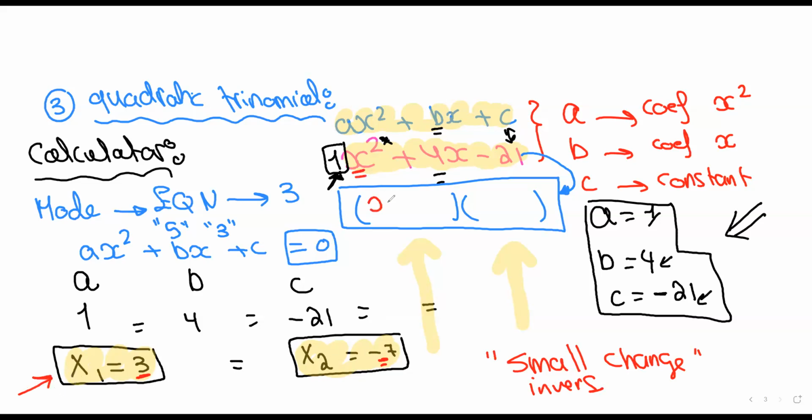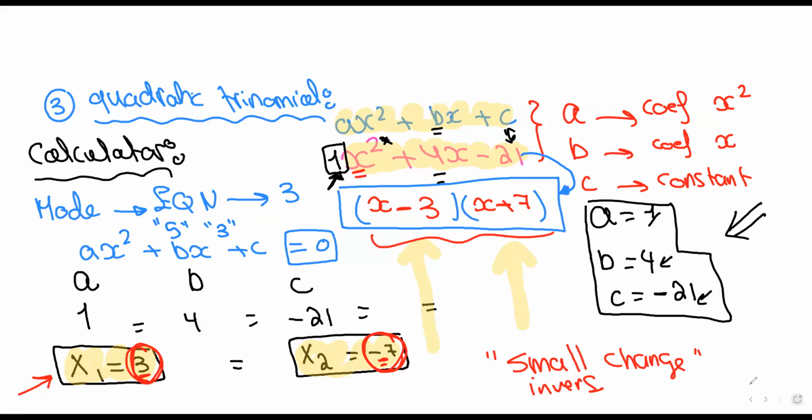We know that x power 2 is expanded into x and x. Since this is positive 3, it changes into negative 3. And since this is negative 7, it changes into positive 7. In your exam, you don't have to show all of that. All you need to show are your brackets. As we said, this can be done mentally, but maybe I can explain it in another video later.